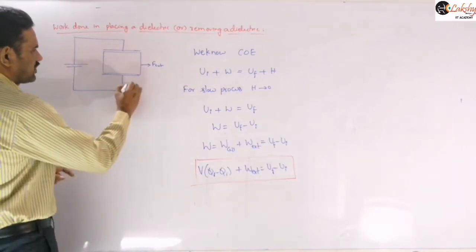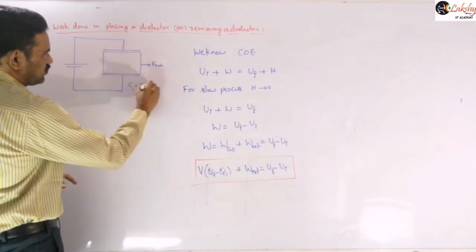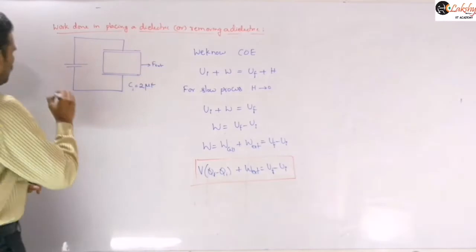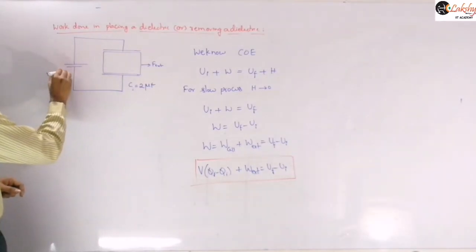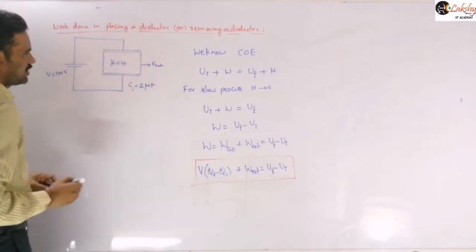A capacitor of capacitance, say 2 microfarad, I am taking here, and the battery EMF is 100 volts, and the dielectric constant I am taking as 4.